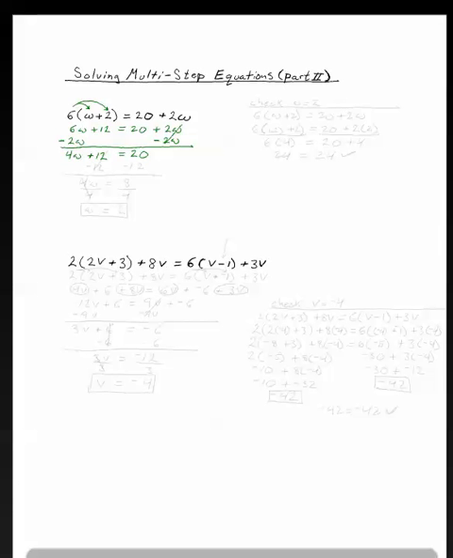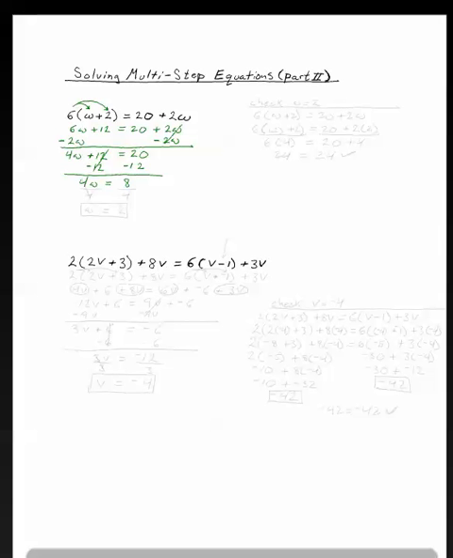Now we've got the variable on the left, and we want to get the constant on the right. So we need to get rid of a 12, so we subtract 12 from both sides. 12 minus 12 is 0, so that cancels. And I have 4w equals 20 minus 12 is 8.